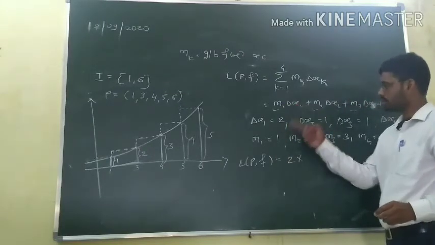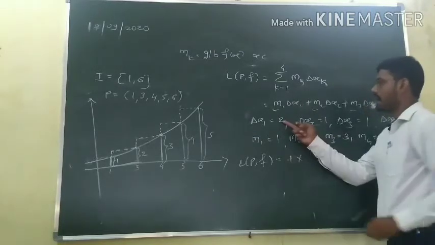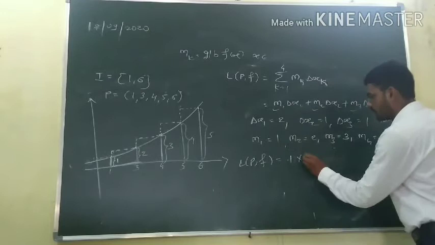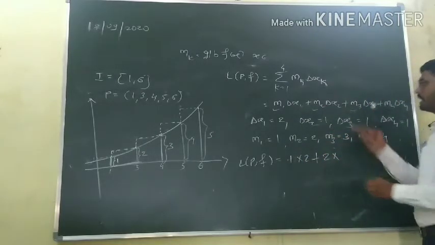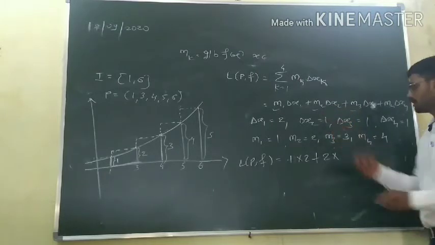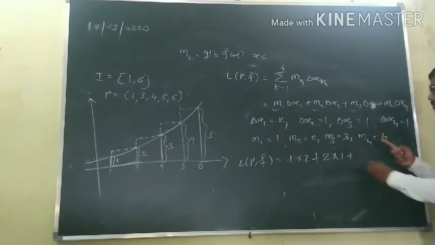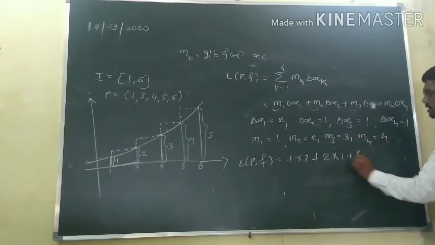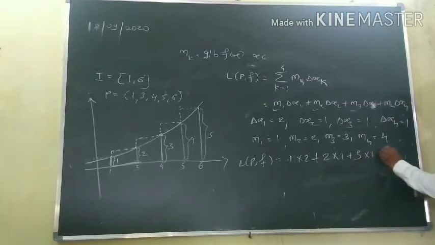Delta x1 is 2, m1 is 1, so 1 into 2, plus m2 is 2 and the length of the second interval is 1, plus m3 is again 3 and the length of the interval is again 1, and lastly delta x4 is 1 and m4 is 4, so 4 into 1.